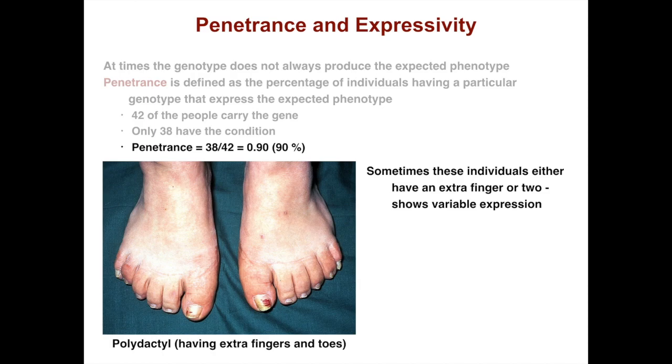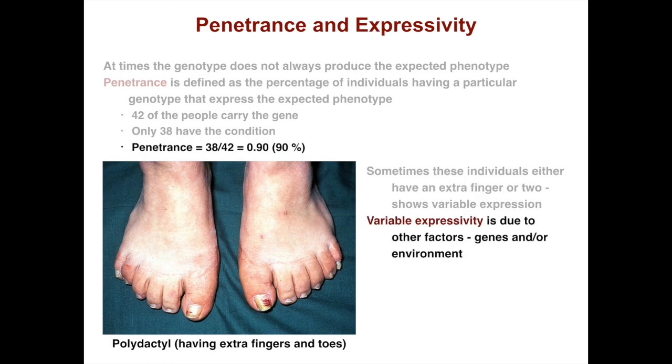However, there's variability in the expression of this phenotype. Some individuals have an extra finger or 2, maybe. And this is an example of variable expression. And this variable expressivity is due to other factors, genes and or the environment, or things that we have not discovered yet.